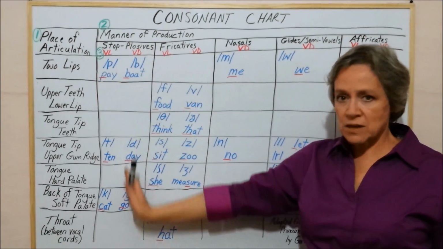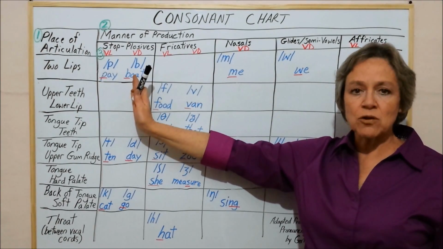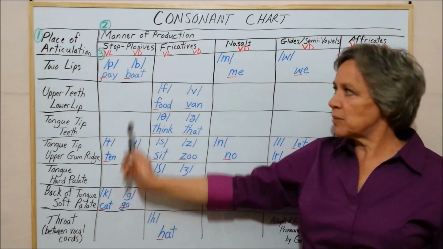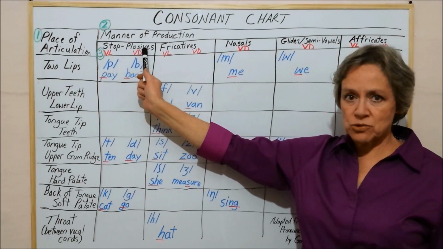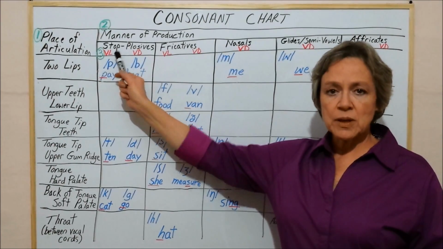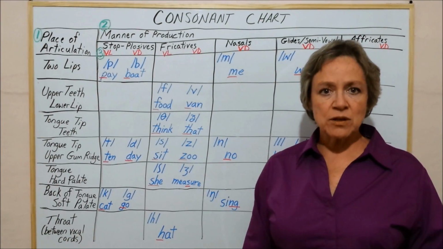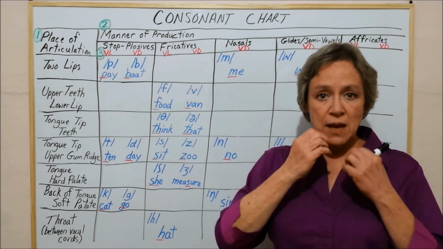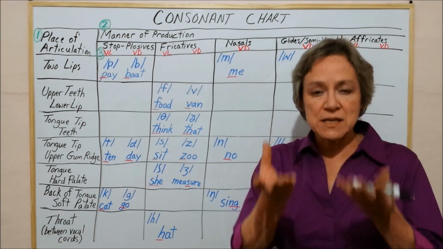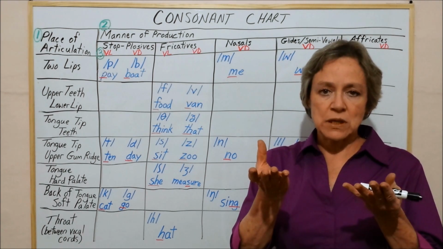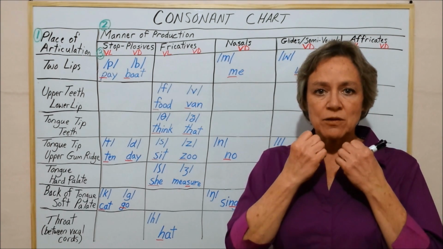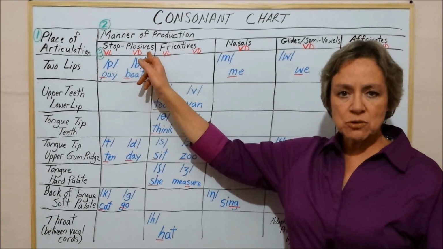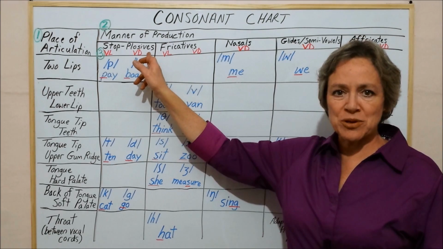The manner in this column, or the way or how we produce the sound, everything in this column is a stop plosive. Stop means that we momentarily stop the flow of air. We completely stop it, and then when we open our mouth, we release the air forcefully. We let the air explode from our mouth, so we get the word plosive, similar to explode.